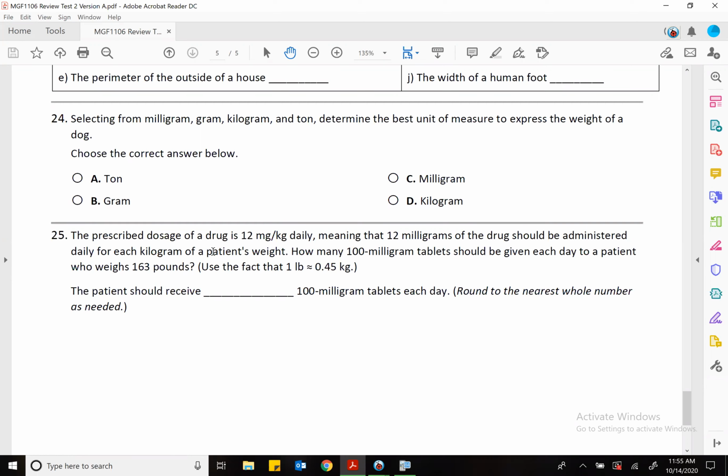Do you multiply 73.35 times 12? That's right. We need to figure out how many milligrams the patient needs. So figure out the number of milligrams of medicine.